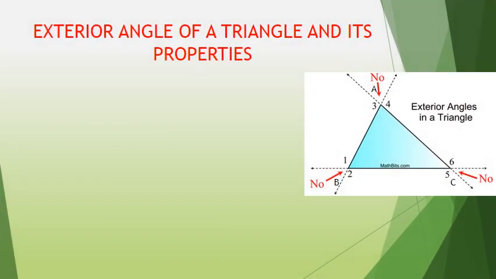Exterior angle of a triangle and its properties. What is meant by exterior angles of a triangle? Here, look at the figure. A triangle is drawn and its sides are extended, or the sides of the triangle are produced using dotted lines.